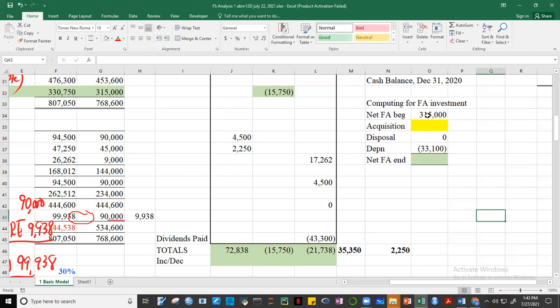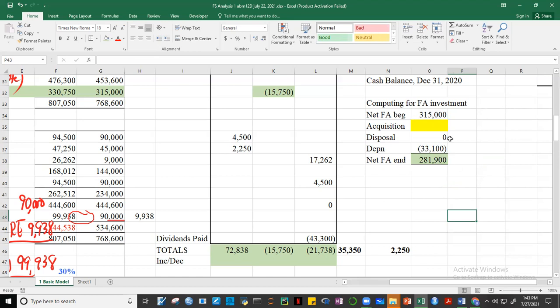It will be beginning plus acquisition minus disposal minus depreciation. Yun ang flow niya, no? Plus minus yan, no? And since negative na natin itong si depreciation, therefore, we can now just add. Sa sum up na lang natin. Yan. Okay? We can now just add everything.